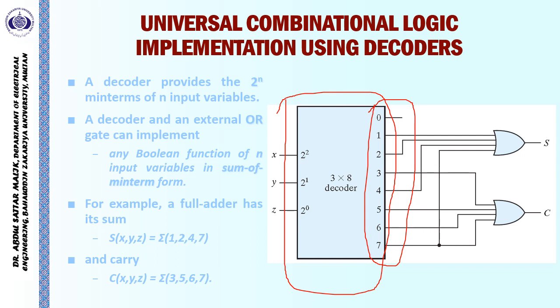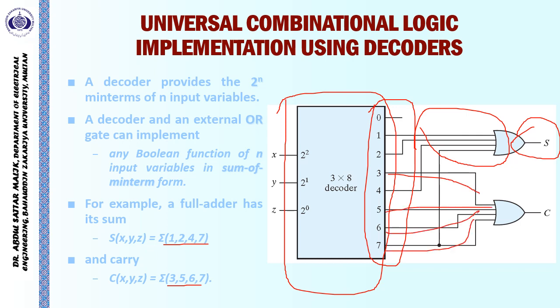In case of sum, we will simply take the minterms 1, 2, 4 and 7 and put these 4 inputs to an OR gate, and this will give us the output sum. And similarly the minterms 3, 5, 6 and 7 will go as an input to yet another OR gate, and it will form the carry.